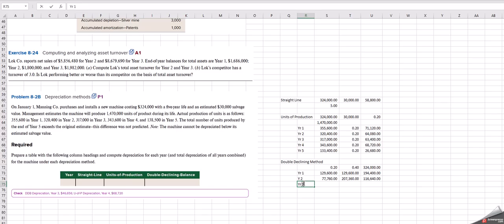Okay, then year 3, it's going to be that book value times the double declining rate. And then we're going to add that to our accumulated depreciation.